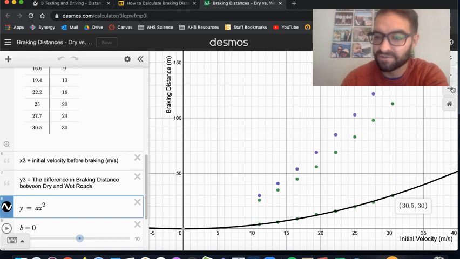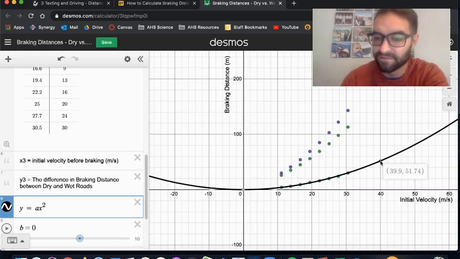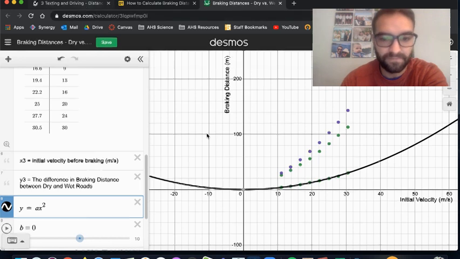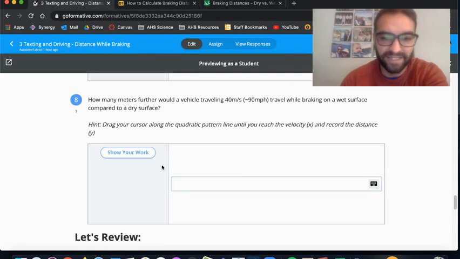You can also zoom out if you need to and go to that velocity. Okay, so you should be able to see that. This is representing the difference between a wet road and a dry road following this pattern. Then we can talk about that, and you can put that in a complete sentence as well.